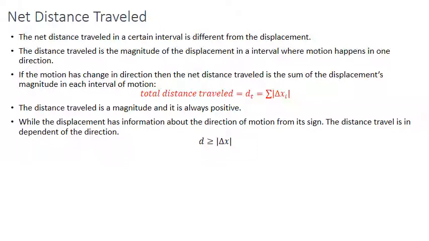But if I have displacement in different directions, then I have to take each interval alone, change them to positive, and then add them to get the total distance traveled. So the total distance traveled is always larger than or equal to the absolute value of the displacement. Of course, it doesn't make sense to define the total distance traveled as positive or negative, because it does not have direction. It could be in any direction. I'm just adding distances.